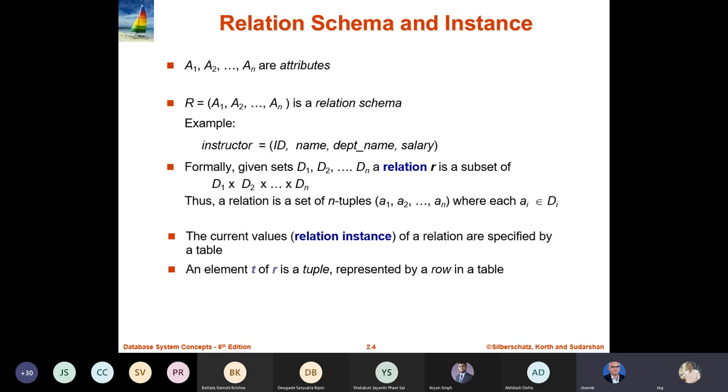So the beauty of this relational representation is that everything we can represent as this two-dimensional relation. So I say that your entity is a relation, and in an ER diagram the relationship I can map as a relation. So everything is represented by this sort of a table. That is a more simple and more generic representation of your whole database, right?